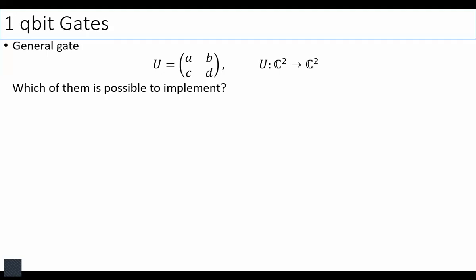Because if this decomposition is 2 to the power n, then I lose the advantage of the quantum computer. Then why do I need it? If it is a long procedure, then I lose it. So philosophically, we need to know how it can be decomposed into basic stuff.